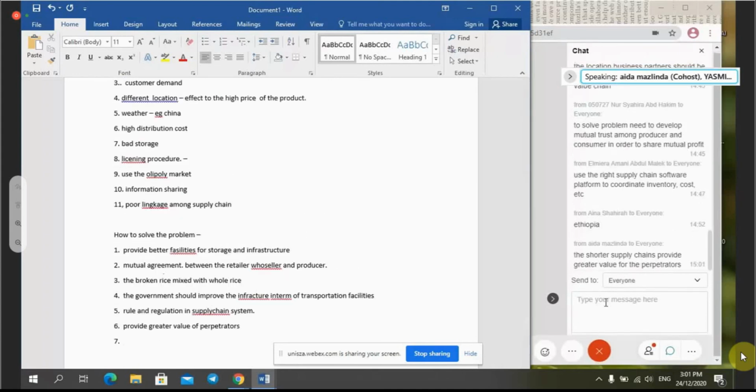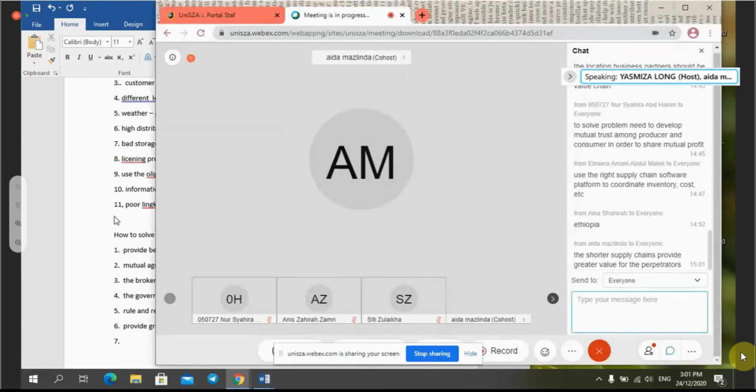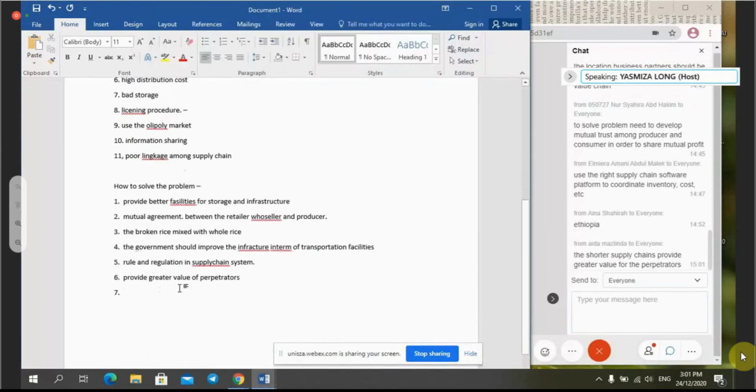Okay. Ada soalan tak lagi? Tak ada lah kan?